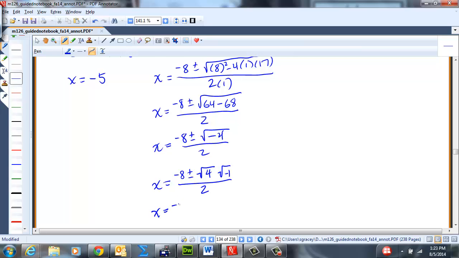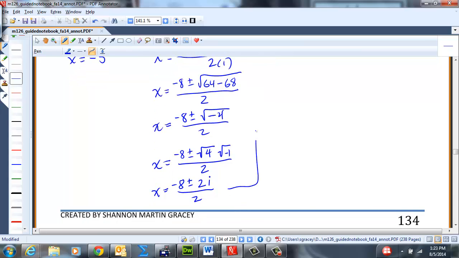So x will be negative 8 plus or minus 2i over 2. Writing that in the form for a complex number, x is equal to negative 4 plus or minus i. These are our two solutions for the complex portion. And don't forget about the negative 5 that we found before.